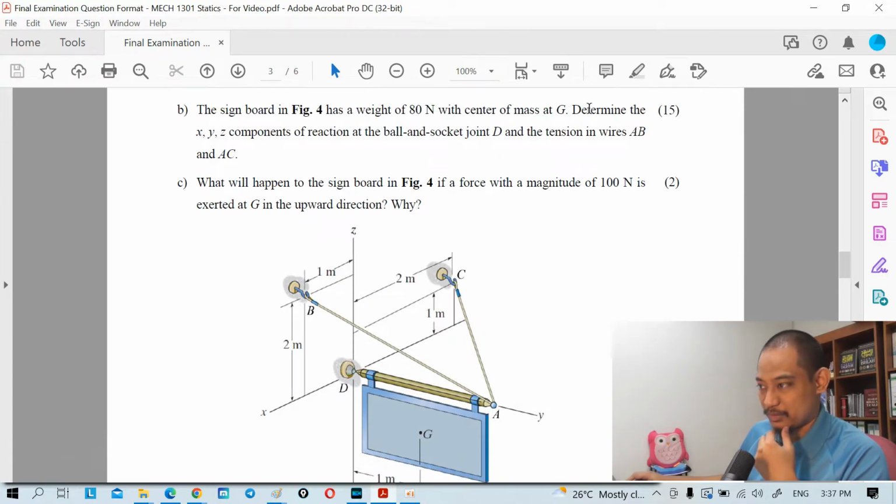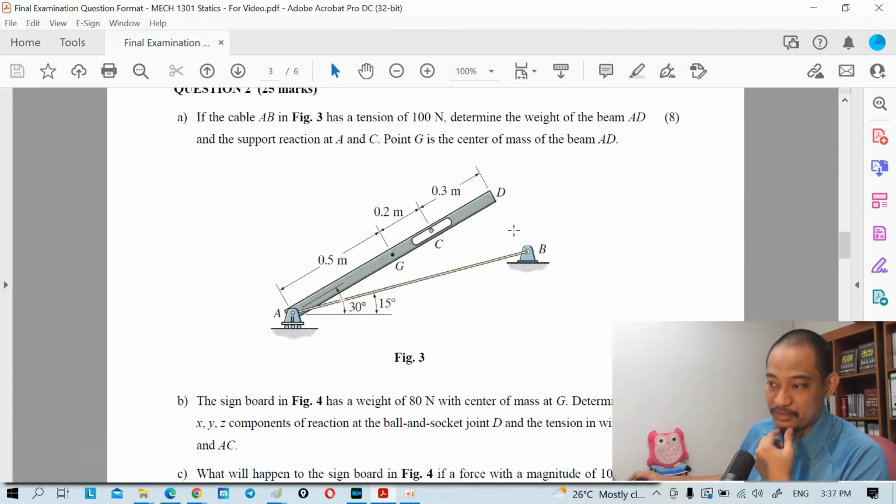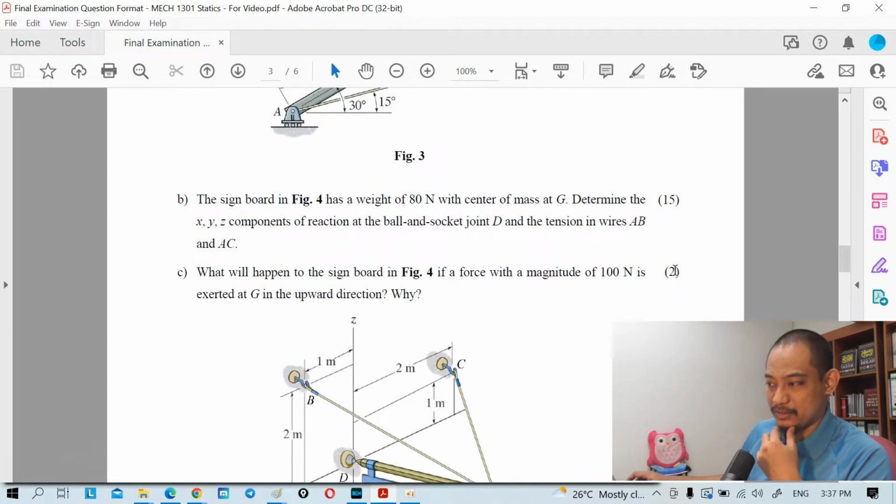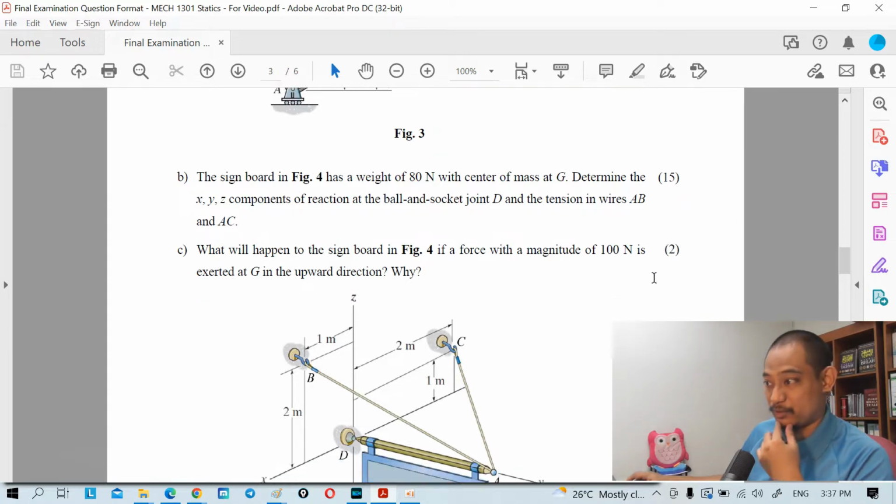We have to determine the reaction, etc. It's the same, just that this is 2D and this is 3D. So a support reaction question can come both in 2D and 3D in one exam, as we can see here. And then this is just an understanding question. Normally if you see the marks are small here, it doesn't require calculation. It is to test whether you understand the concept or not.